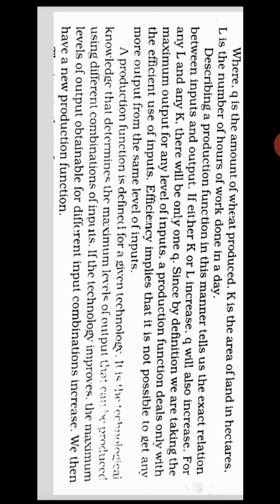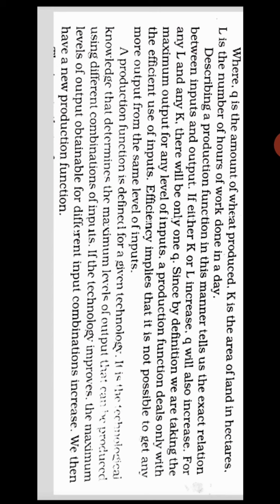Since by definition we are taking the maximum output for any level of input, we are trying to produce maximum output. A production function deals only with the efficient use of input. So how efficiently we are going to use the resources which are available to a person.